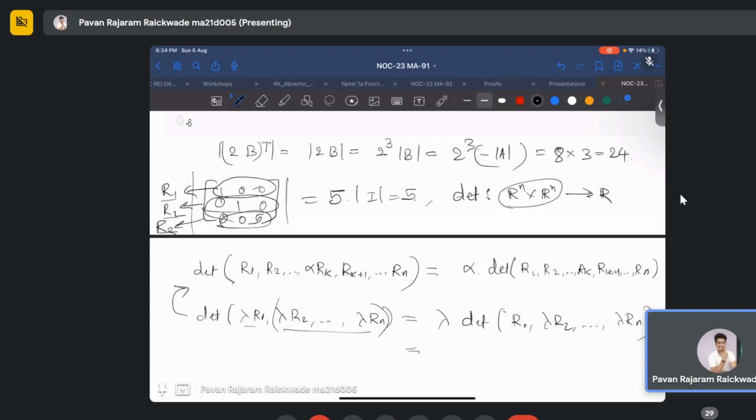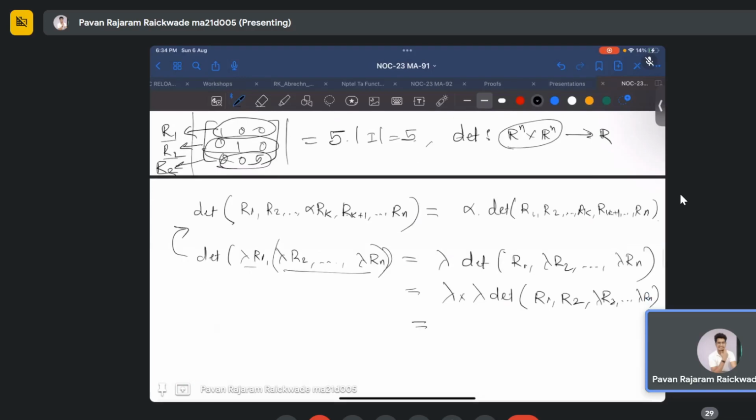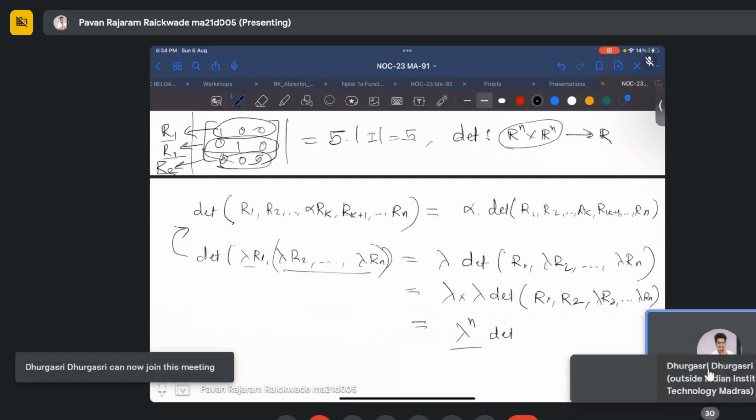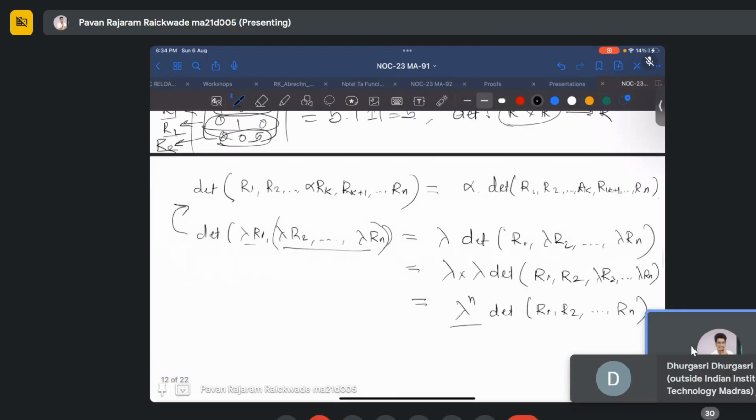Then you do the same operation again, and another lambda comes from the second row, leaving R1, R2, lambda R3, until lambda Rn. You do it repeatedly n times and end up with n copies of lambda in multiplication, times the determinant of R1, R2 till Rn.